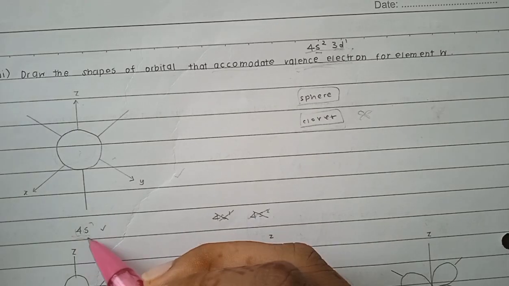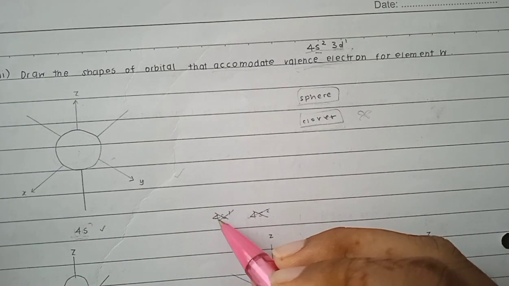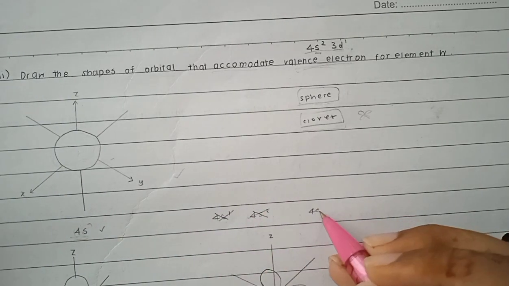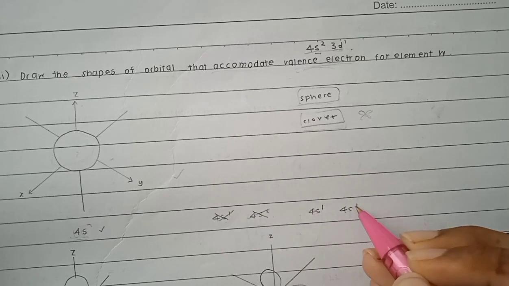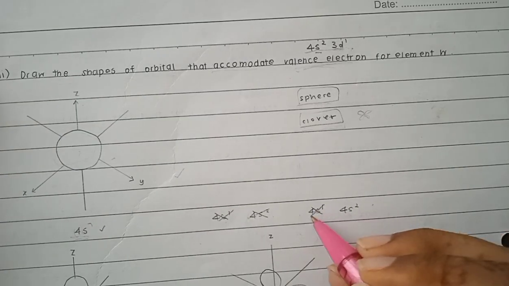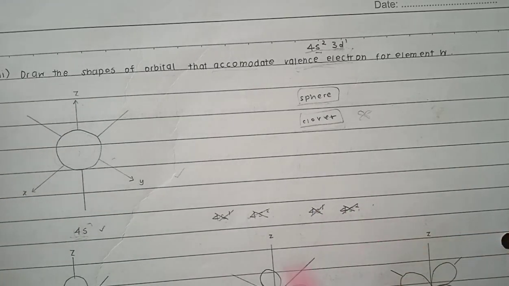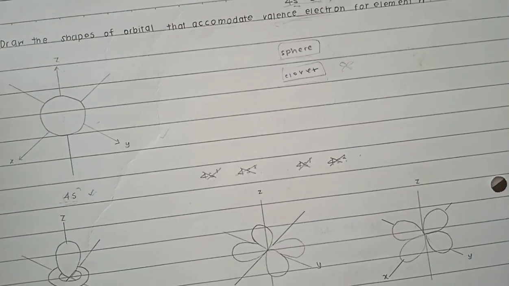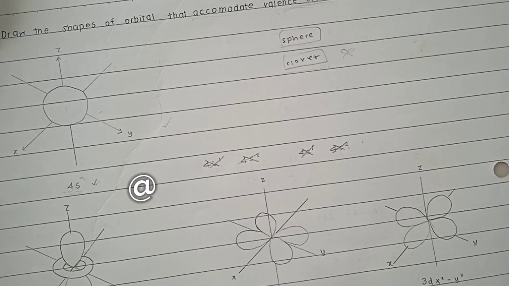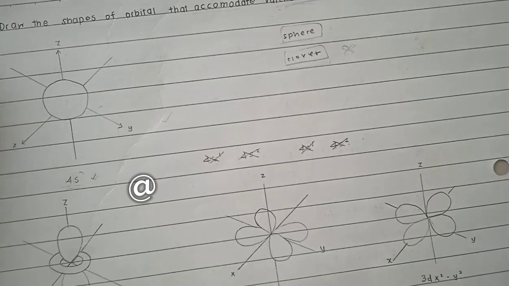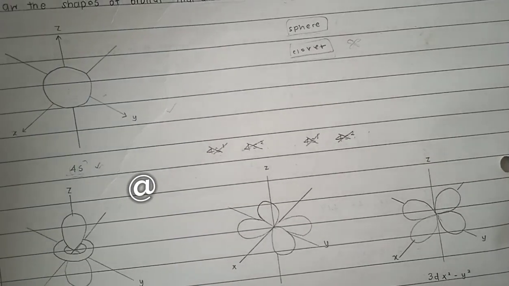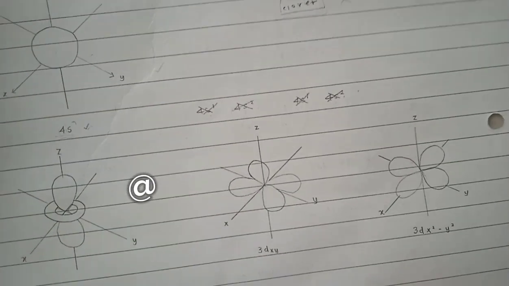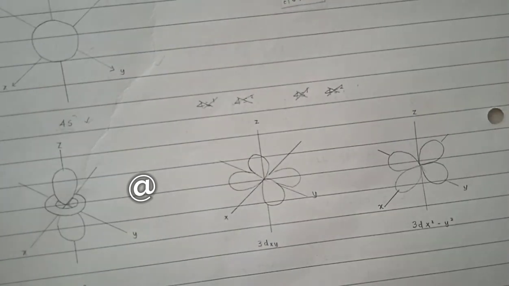Here, we are not supposed to write 4s1 or 4s2. This is wrong. You're only supposed to write 4s. Okay, and then for the 3d shape of orbital, you have to draw a clover leaf shape.